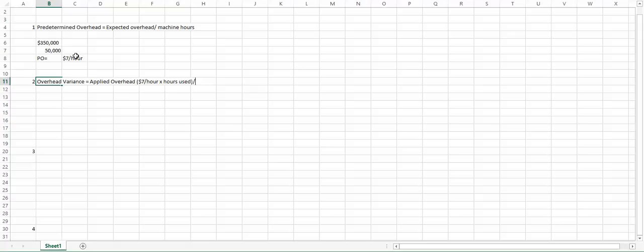And then you will subtract the actual overhead. A good example of this would be on pages 135 to 136.